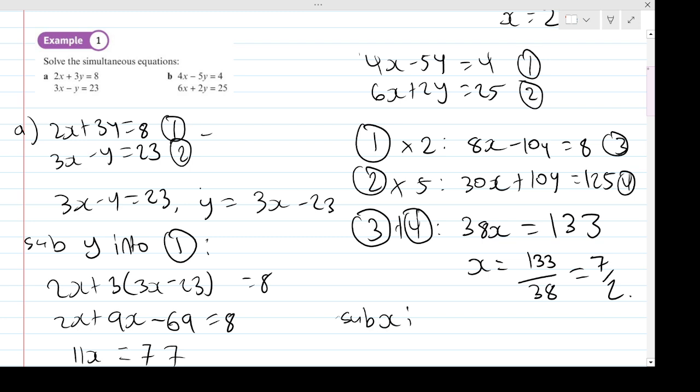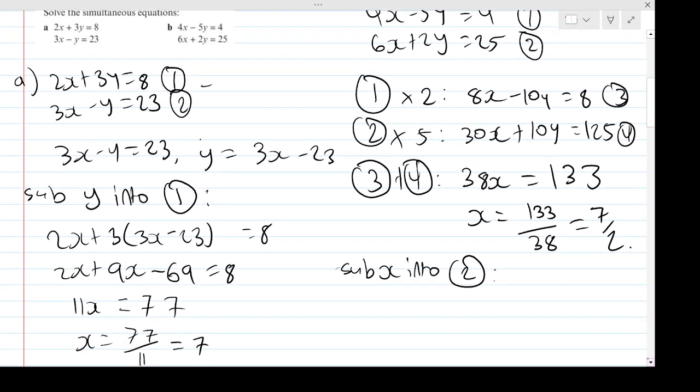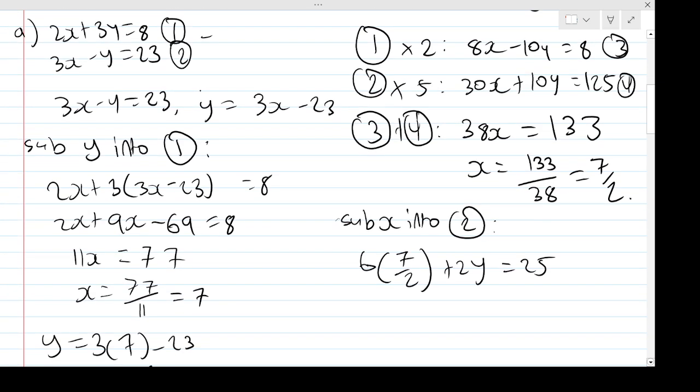So I'm going to sub x into 2 to then get 6 times 7 over 2, add 2y is 25, right? Then that's just an equation for y to solve.